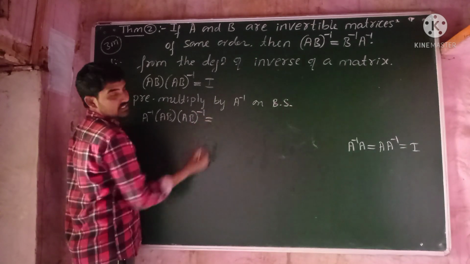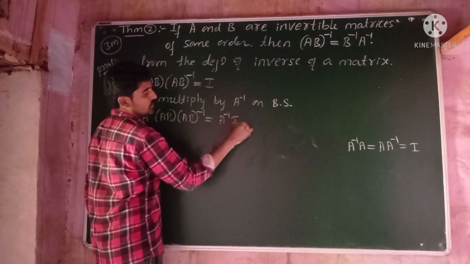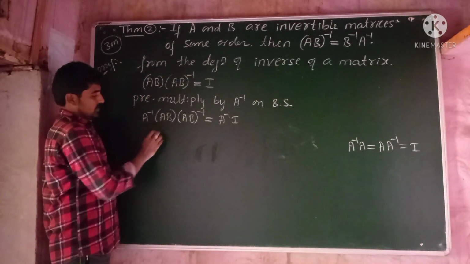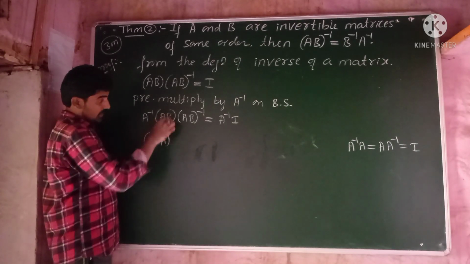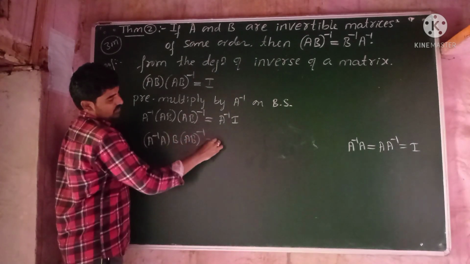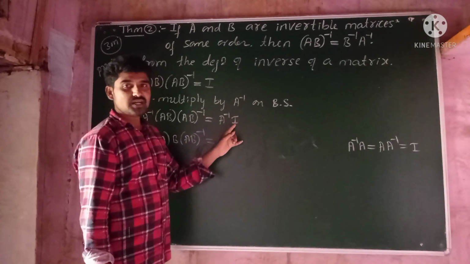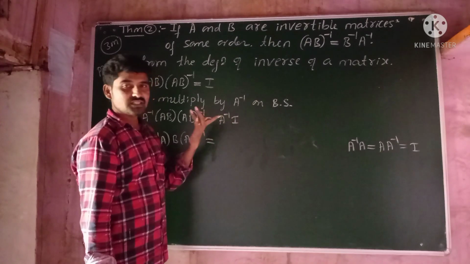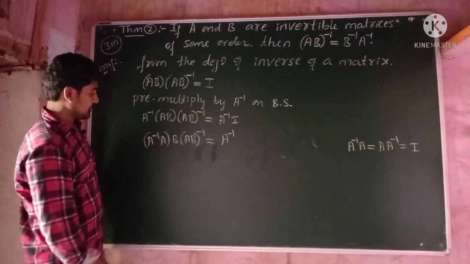AB inverse matrix is equal to, both sides must be multiplied, A inverse into I matrix, by using the associative property. We can write this as A inverse into A matrix into B matrix into AB inverse matrix is equal to, if I multiply any matrix with unit matrix, the answer is that multiplied matrix only. Therefore A inverse into I matrix should be equal to matrix A inverse.